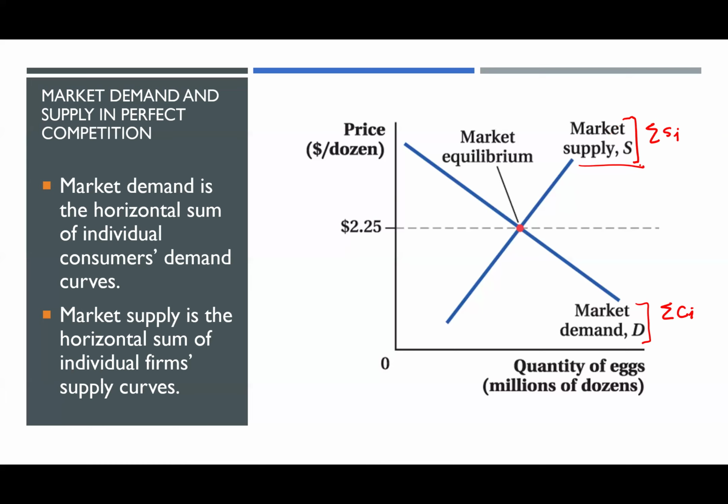To get the market supply curve, since 303 focuses on the supply side of the market, that's what we're going to focus on here. You actually did this exercise in the practice problem for chapter 7, as well as in the assignment, if you've done that already.